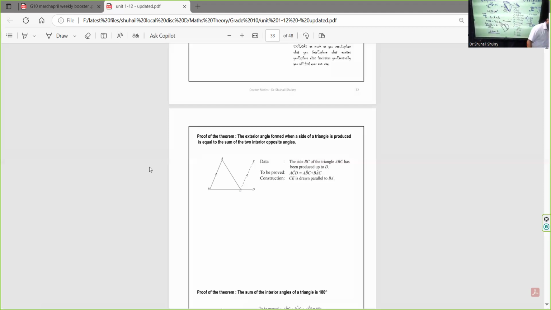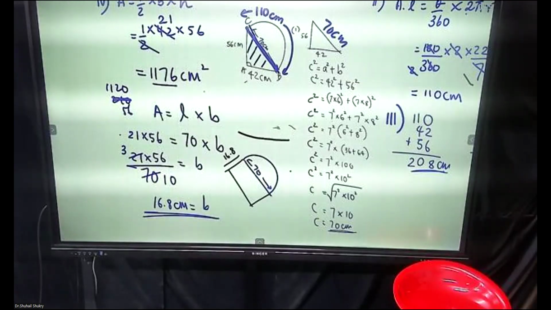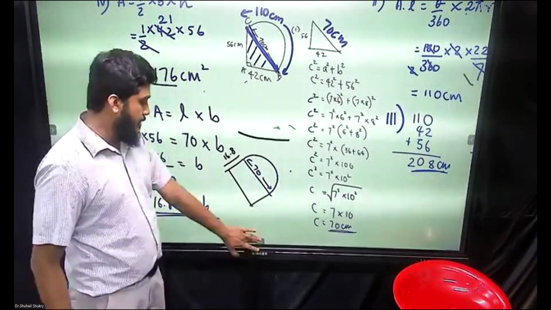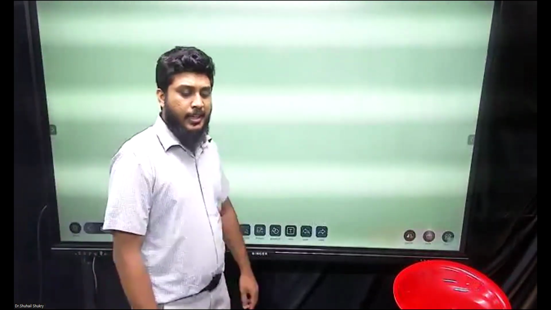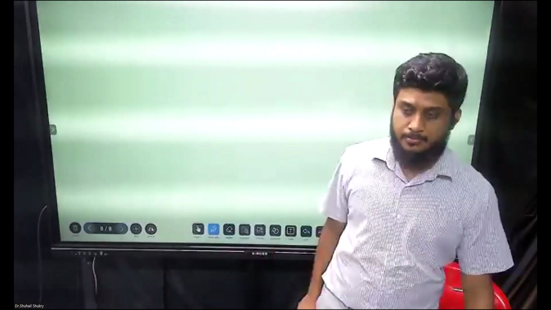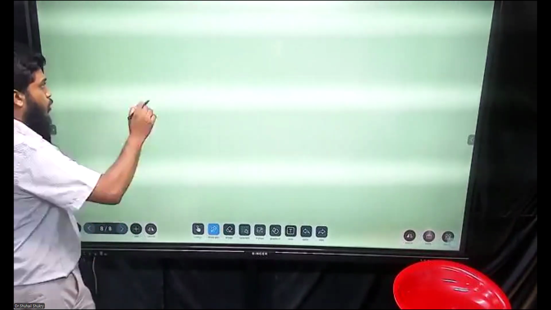Now we are going to prove the theorem: the exterior angle is equal to the sum of the interior opposite angles. Okay. Now we are going to prove this theorem.